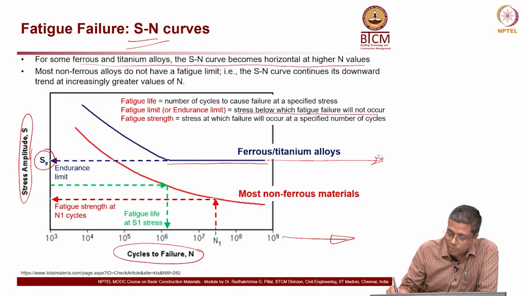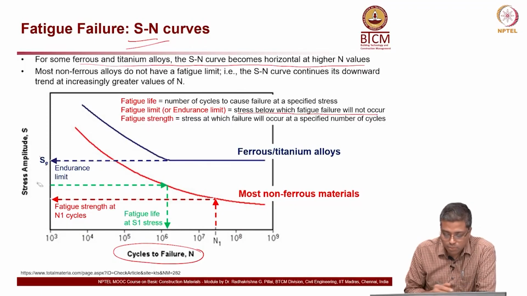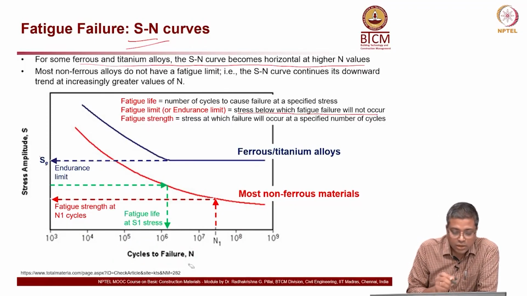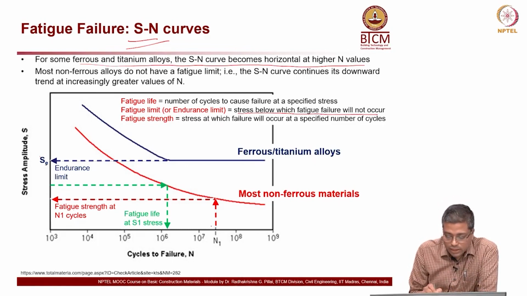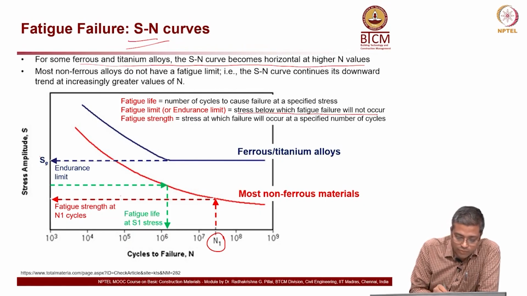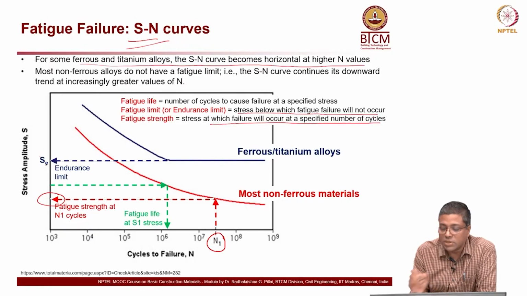Now, let us talk about the non-ferrous materials. Here there is nothing like an endurance limit or fatigue limit. Let us look at the red dot dash arrows there. So, I am going to start from N1. Okay. So, I go upward and hit the red curve, let us say some non-ferrous material, and now I go leftward and reach here, and that is the fatigue strength, which is the stress at which failure will occur at a specified number of cycles.